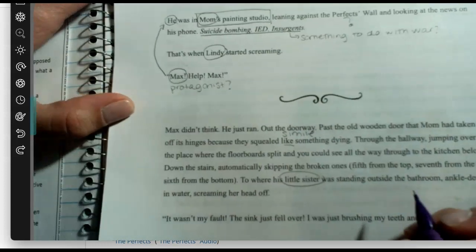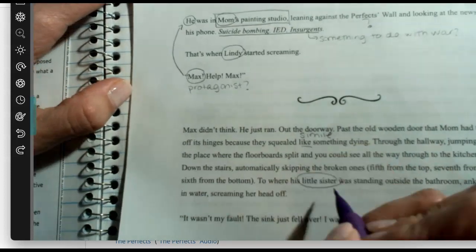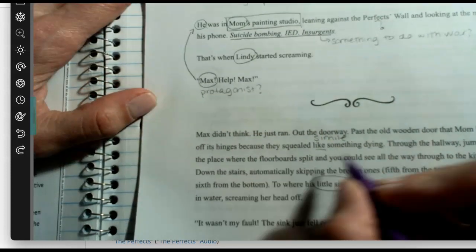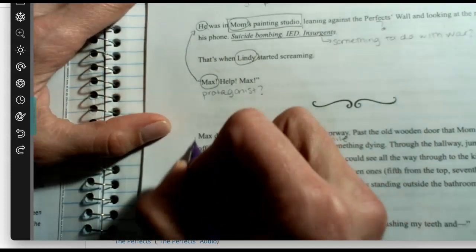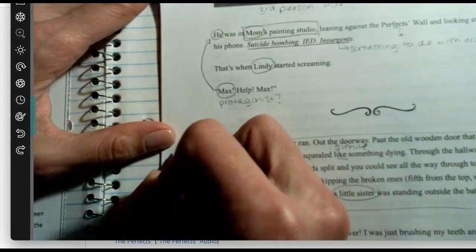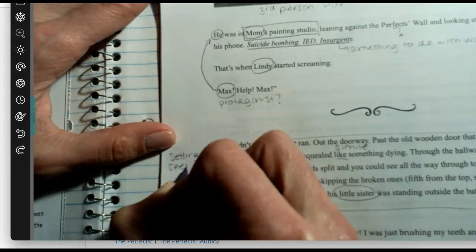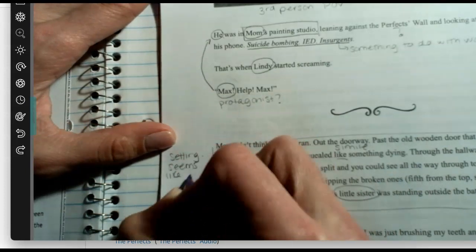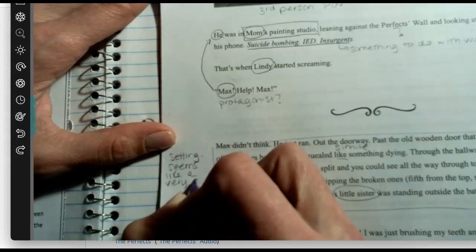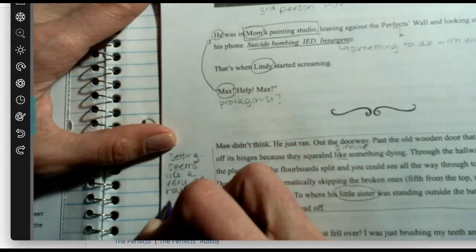All right, so I'm going to stop there. I'm guessing this house that Max is running through is part of the setting, right? And I'm going to write, it seems like a very old house, almost like it's falling apart.